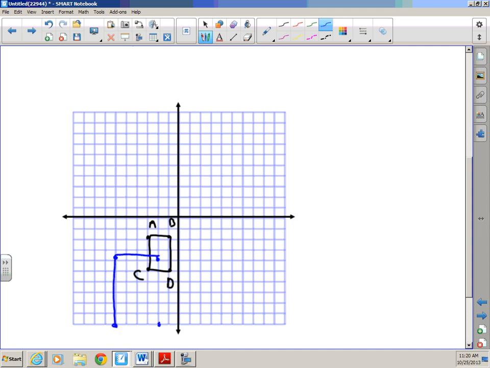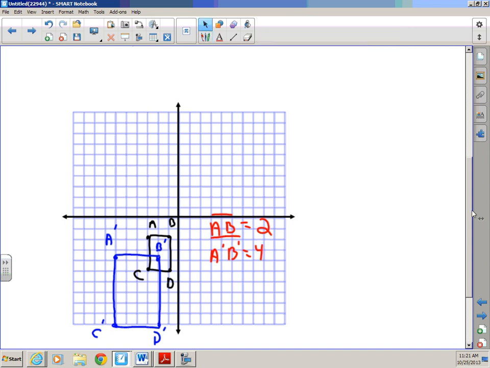There is my A prime, B prime, C prime, D prime. You'll notice the order of the coordinates doesn't change. The only thing that changes is the size. So for example, the length of segment AB is 2 units, while the length of segment A prime B prime is 4. That makes sense. I doubled the size of the figure.